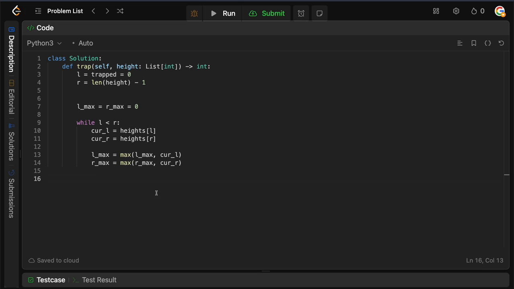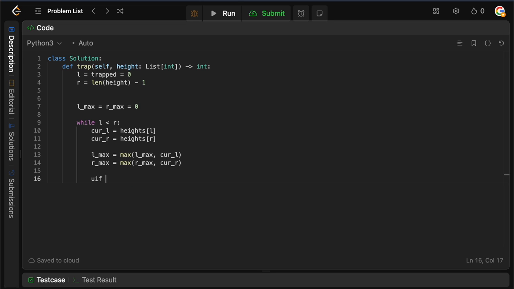And vice versa, if right is actually greater than left, we want to move it to the right to see if we can find something bigger to trap with, because we don't want to have the case where we never move our left pointer up, and then maybe we have a height of like 5 later on, and then our right pointer's at a 5, and we're actually just trapping with 1 and 5. That's not the maximum, because you can only trap up to 1 here, because like we just said, you can't have an overflow. But if we found the 5, then you could trap at a much higher number.